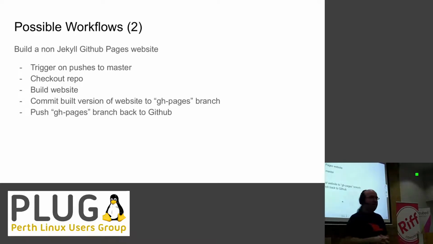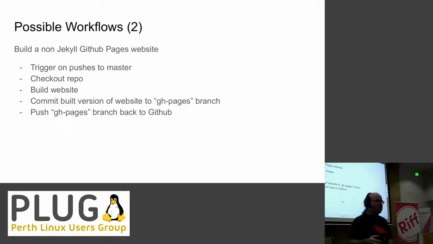Another one, if you've used GitHub Pages to publish a website, the default setup is using Jekyll. If you want to use some other site generator, one of your options is to configure the site to run off the GH Pages branch, and then have an action which runs anytime code is checked into master, which will run your site generator and then take whatever it creates and check that in as a revision to the GH Pages branch, and then have GitHub deploy that to your website.